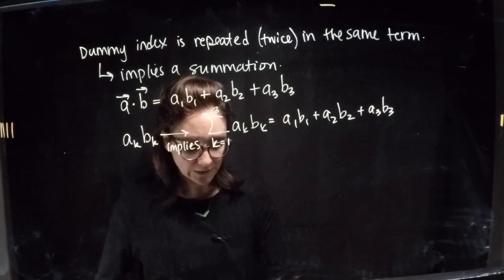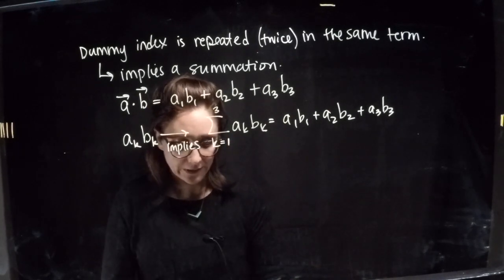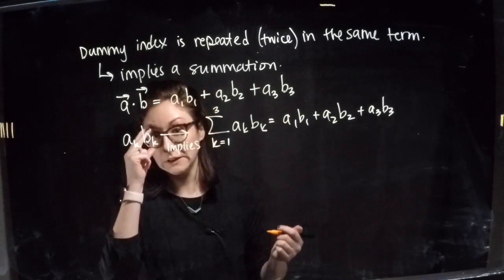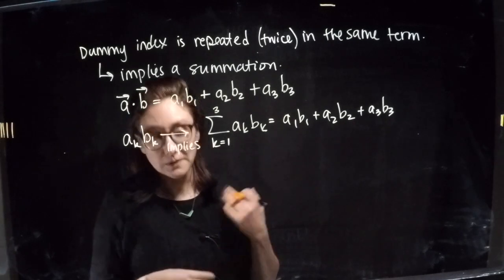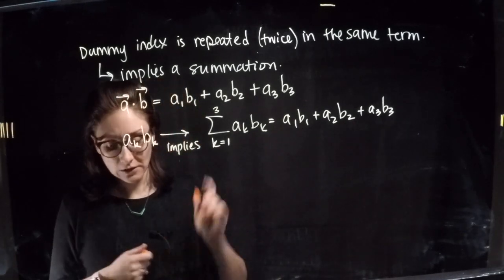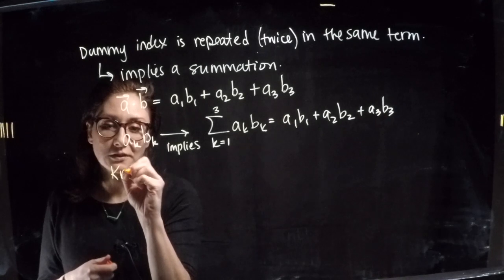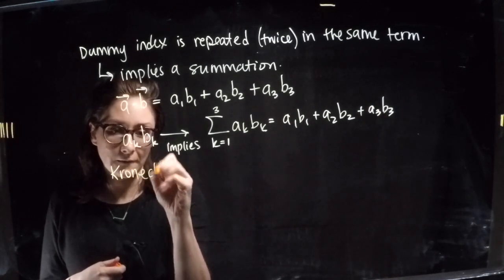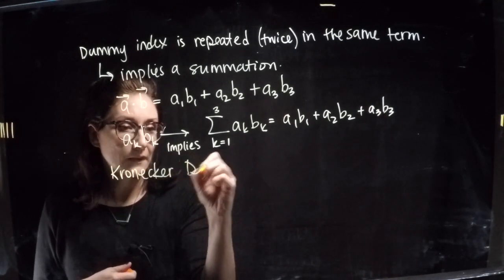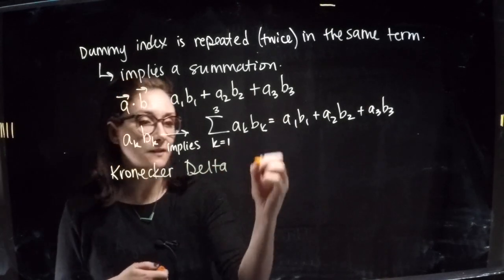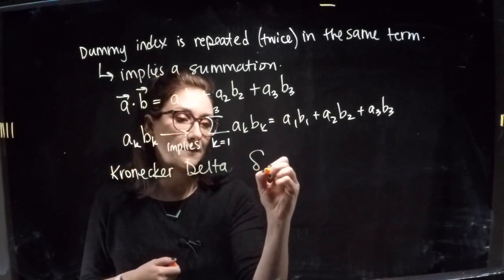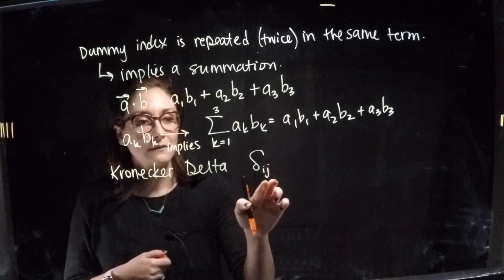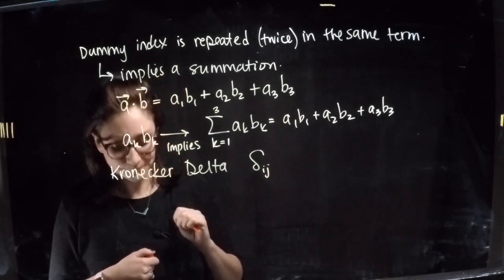So at this point, it's a good place to make note of 2 really useful tensors, especially when you're using index notation. The first one is called the Kronecker delta. So this is a rank 2 tensor written with a lowercase delta and then 2 indices, i and j.